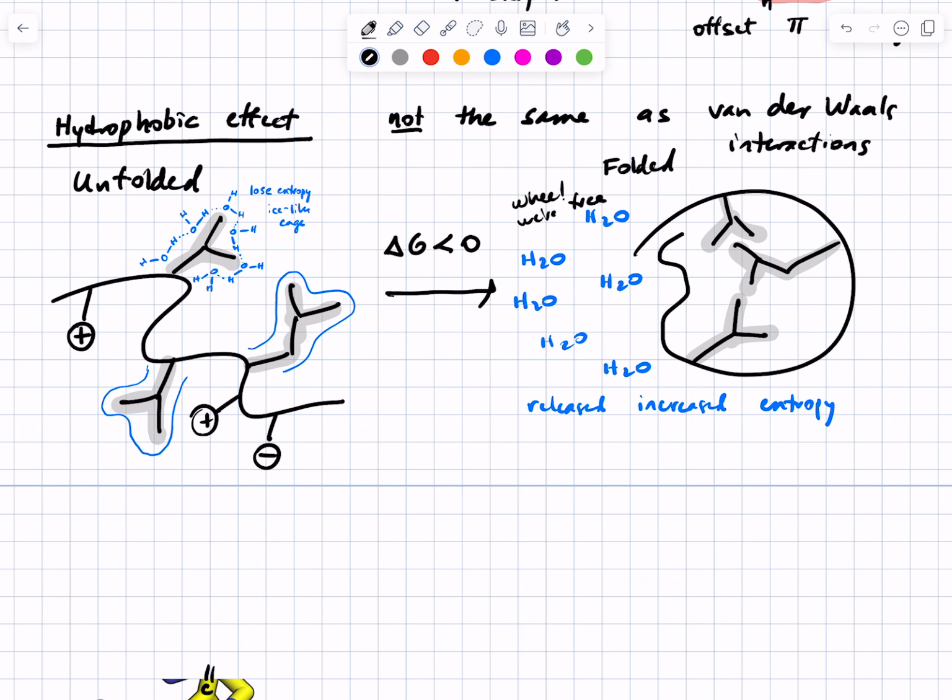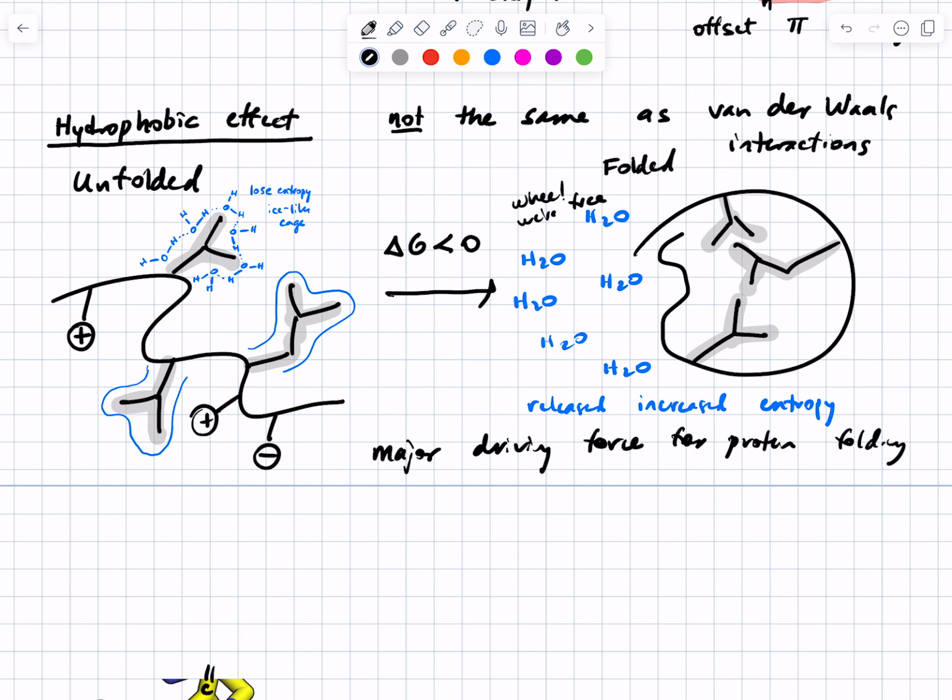So when you look at protein structures, you will see that putting nonpolar stuff in the interior away from water is the major driving force for protein folding. And it's an important consideration we're going to return to again and again as we try to tease out the relationship between sequence, structure, and function.